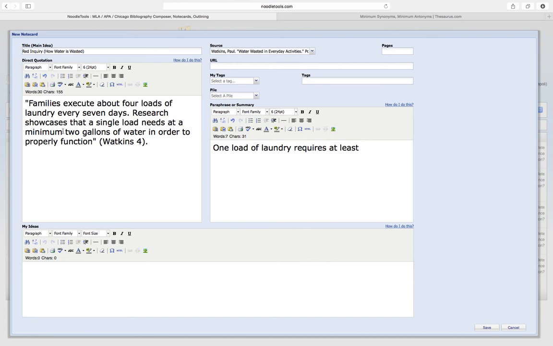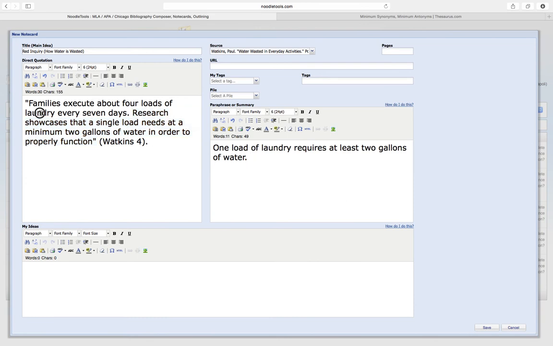And then I'm going to keep 2 gallons. I'm going to keep that quantitative number because I need to. At least 2 gallons of water, period. I reordered the sentence because I reordered Watkins' phrasing. Instead of having how much water a single wash uses at the end of my resource, I'm putting it at the beginning.